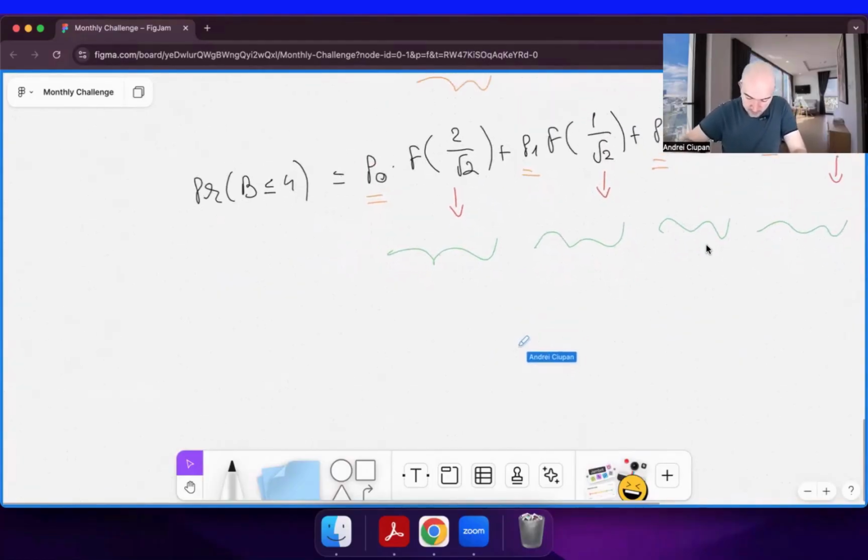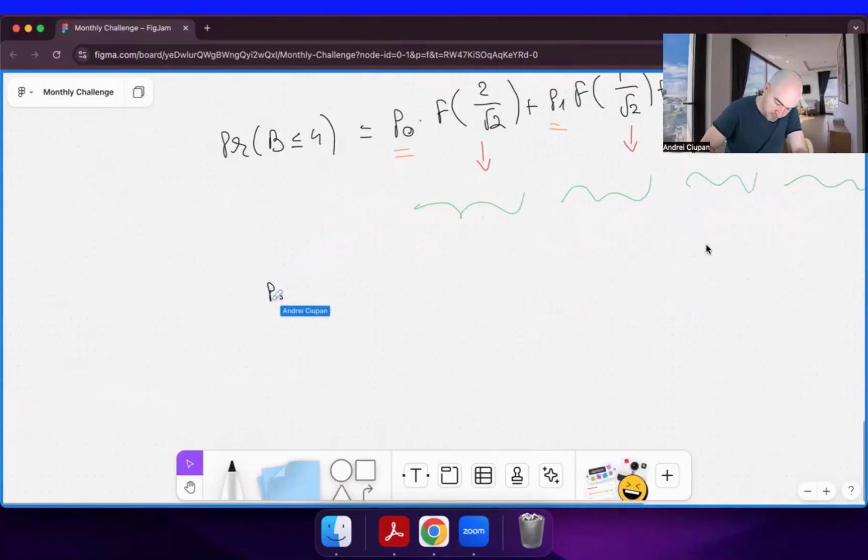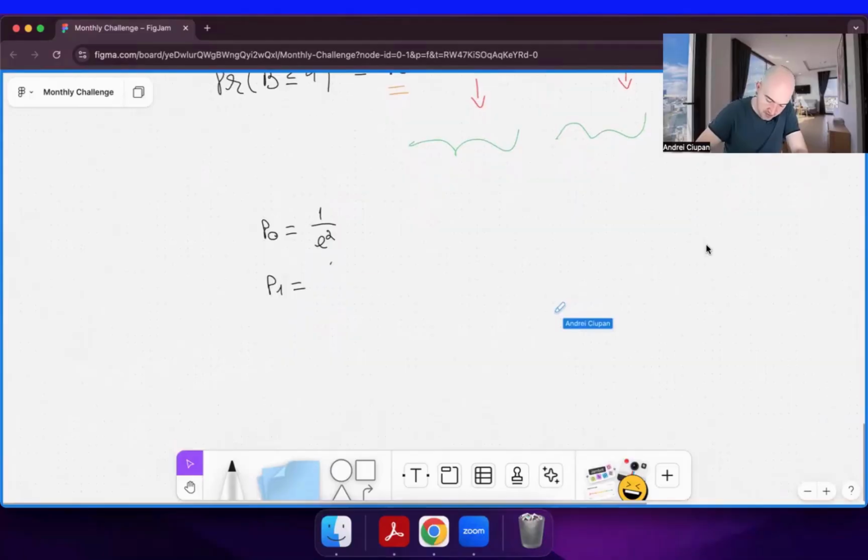So let's do it. We know that P0 is 1 over e squared. We know that P1 is 1 over e squared times 2. P2 is 1 over e squared times 4 over 2 factorial, also times 2.